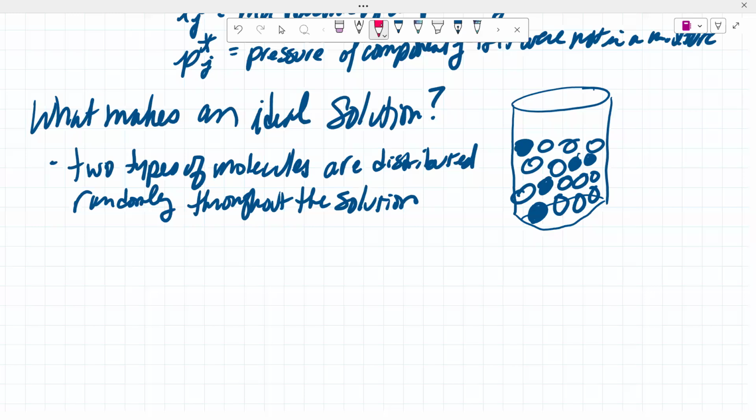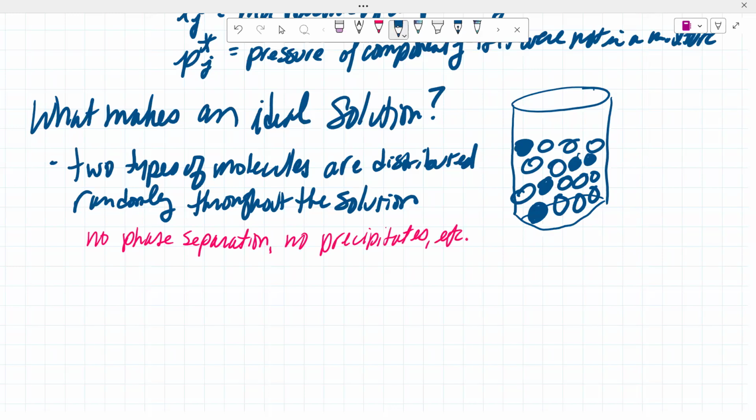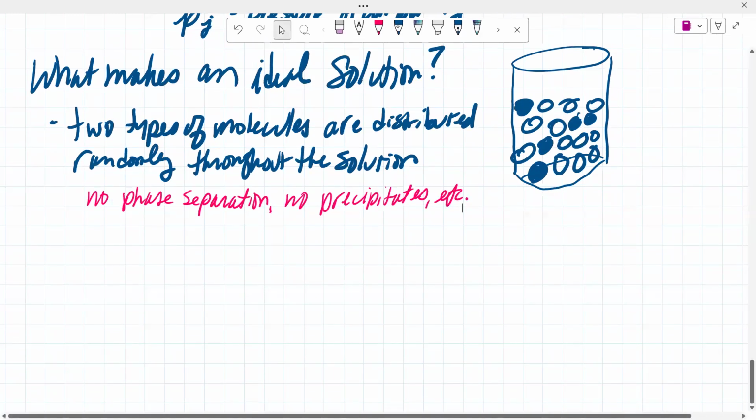So in other words, what we're imagining here is there's no phase separation, no precipitates, no other weird things happening. Just two liquids, actually liquid form, and they're miscible, they're mixed together.